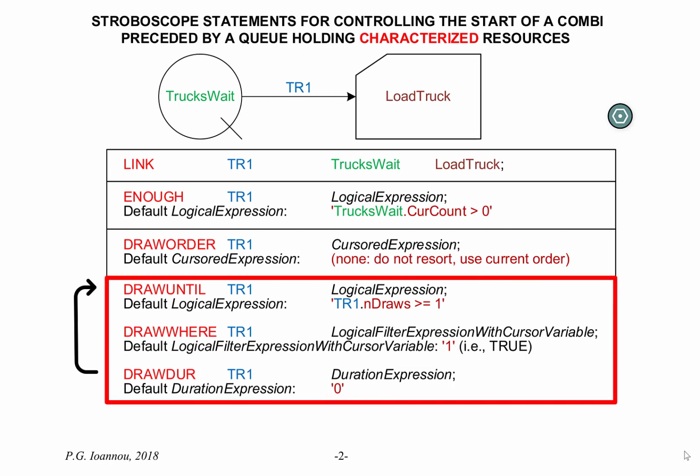Link TR1 draws resources from the preceding queue one at a time. After a resource is drawn, the process continues by re-evaluating the logical expression for draw until. Drawing will continue as long as the condition for draw until is false. Once that condition becomes true, the drawing process ends.